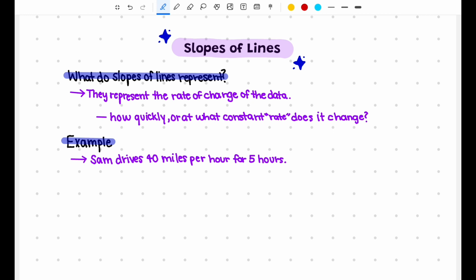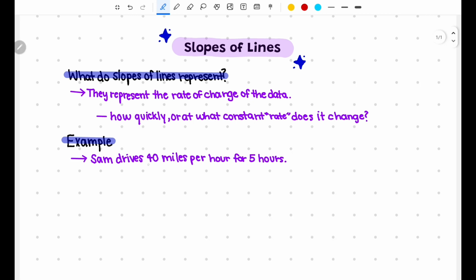Because if we were to graph, every hour it would increase by 40 more miles. The first hour he would go 40, the second 80, and so on and so forth. So our rate of change is 40 miles per hour.